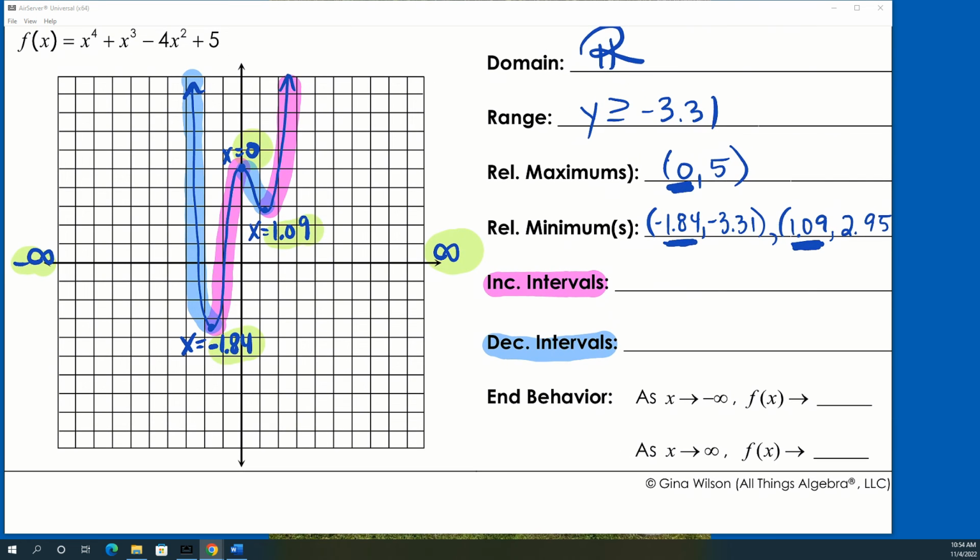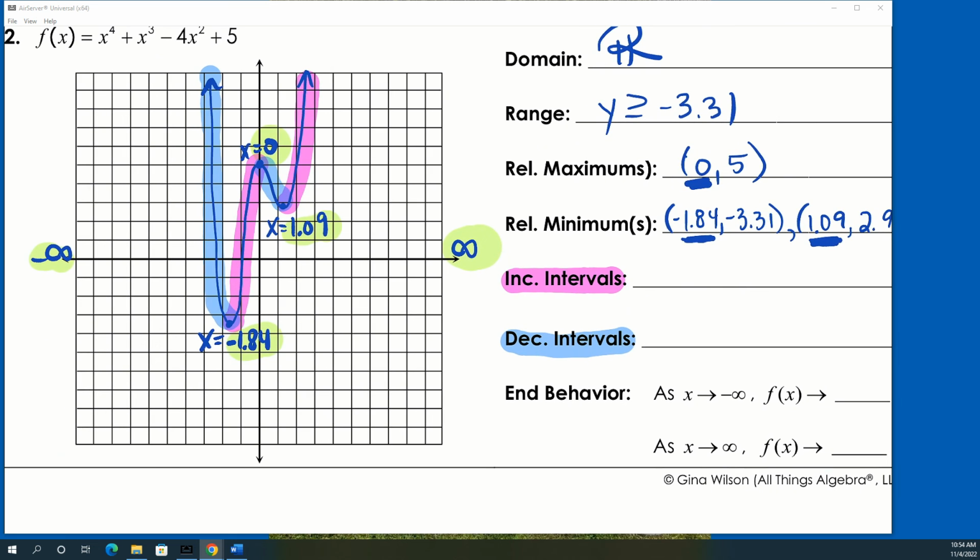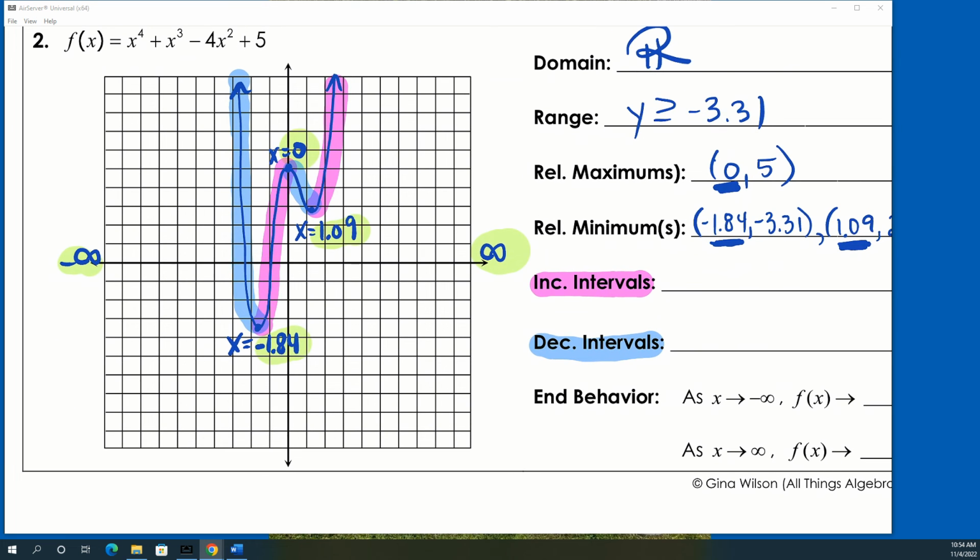Okay, so I'm just going to use those numbers I've written on the graph to give my intervals. All right, so it looks like we're going to go from where x is negative 1.84 to 0 for one interval, and then 1.09 to infinity.